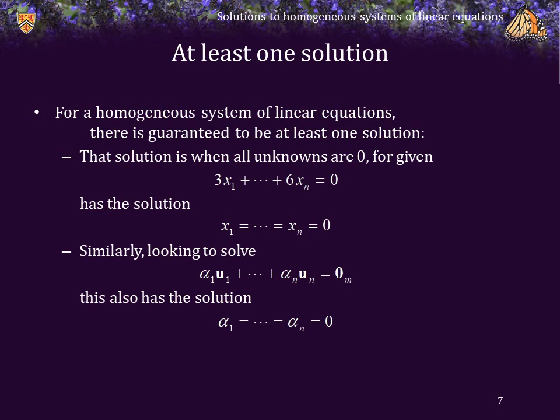Similarly, if we are trying to find a linear combination of the vectors u1 through un that equals a target vector being the 0 vector, you will see that this is satisfied also if all of the coefficients are equal to 0. Of course, this doesn't mean there is not more than one solution, but we are guaranteed that there is always one solution.